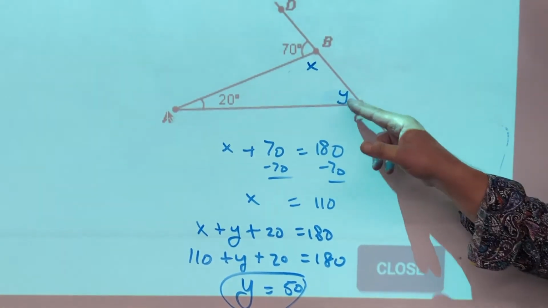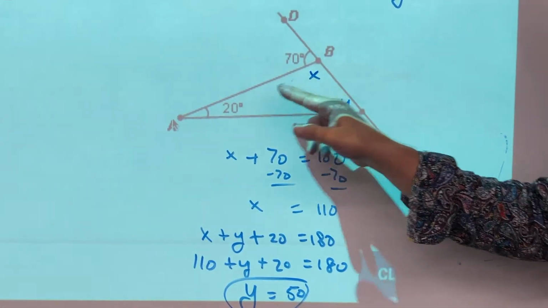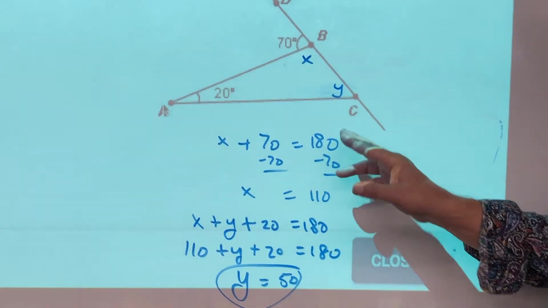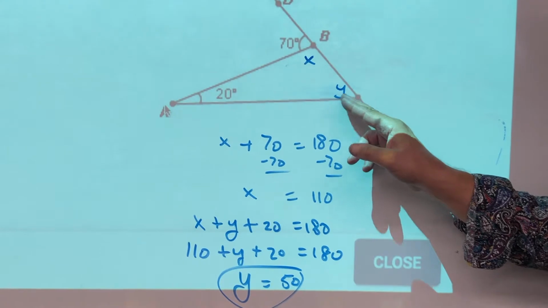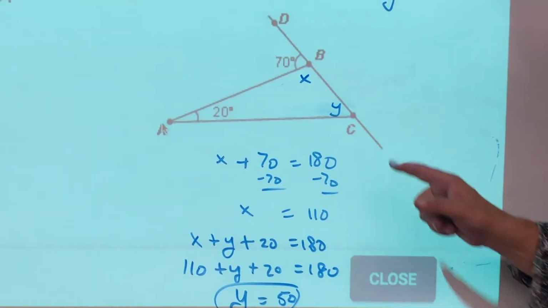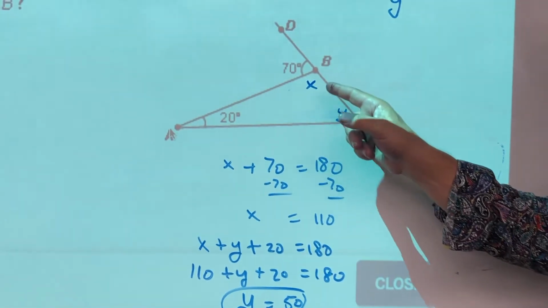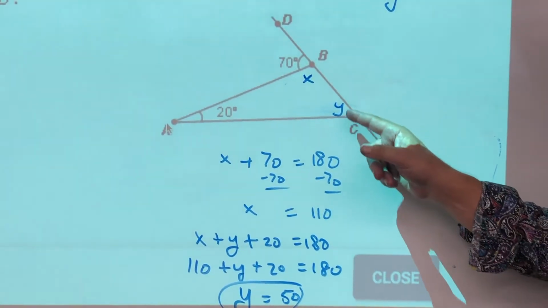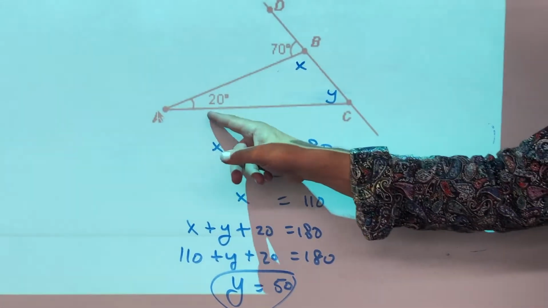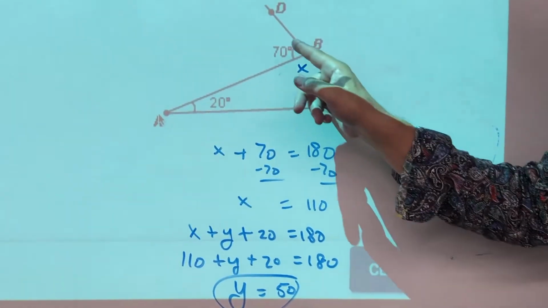We go back and make sure it makes sense. If this is 110, that's 20, that means that's 130 and 50. It all makes sense. The other thing we want to check: if this is 20, this is 110, and this is 50, are these two angles equal to 70?